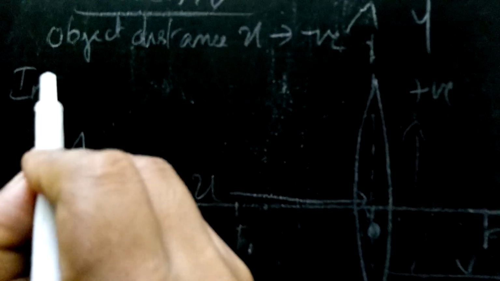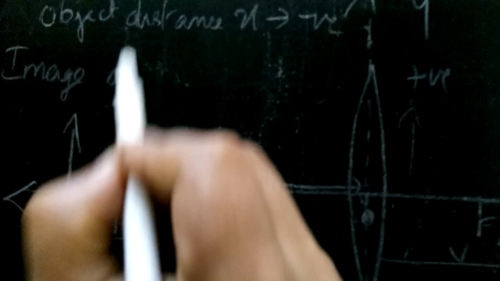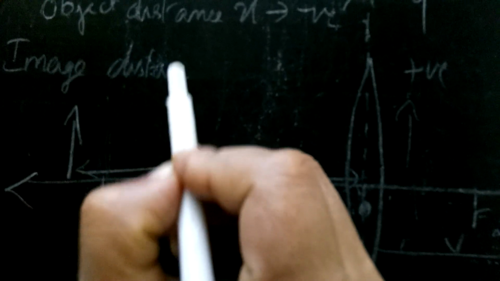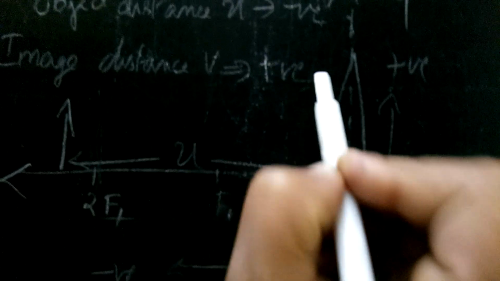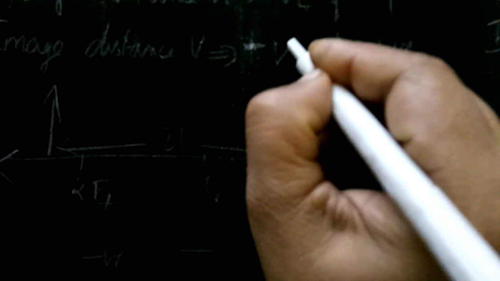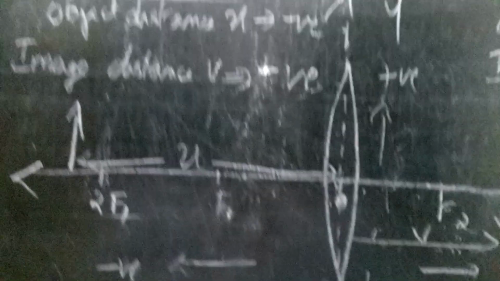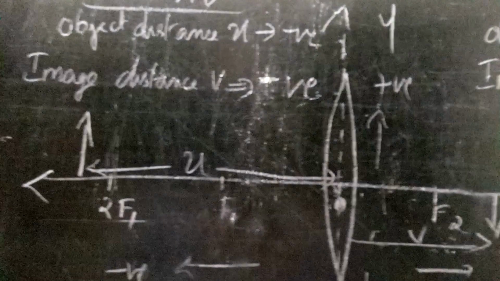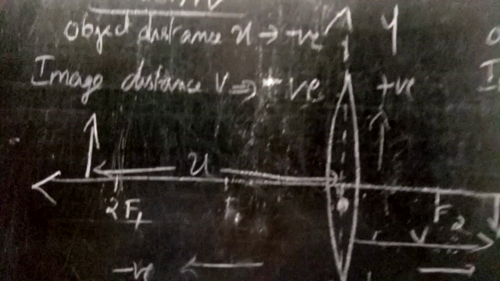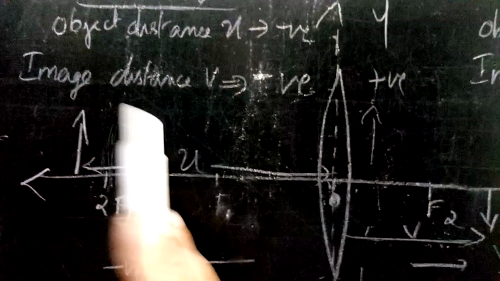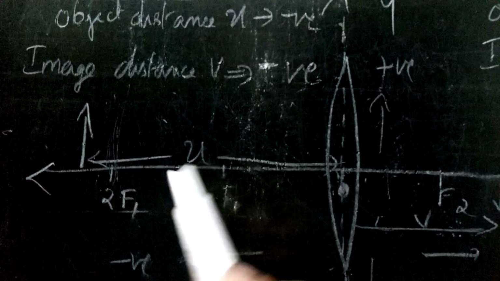Image distance v is always negative, because the image is formed on the left side itself. So the image distance v is negative.